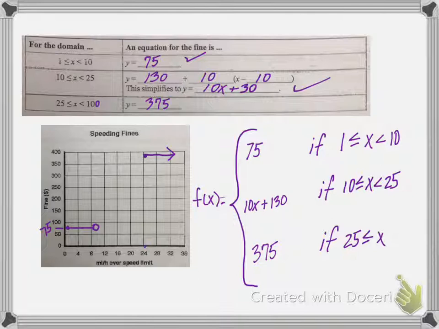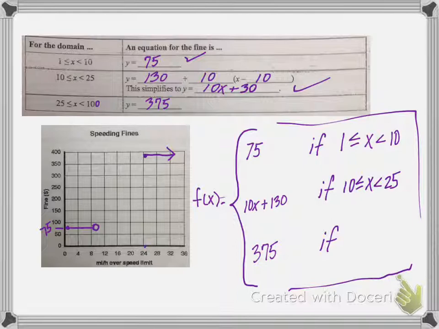For at least 25 but less than, and I put 100 here, then y equals 375, and it can be written like this. You notice that on this last part that I've written this way, I would have accepted it as x is greater than 25. Either one of those would have done.